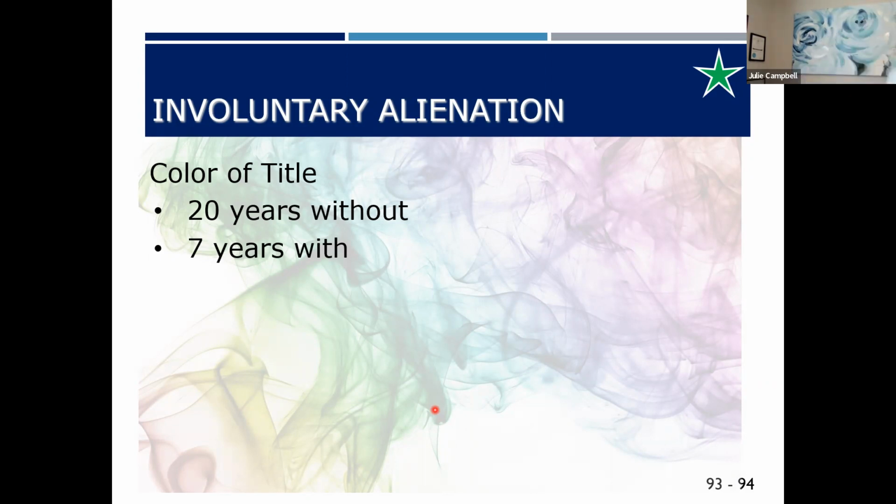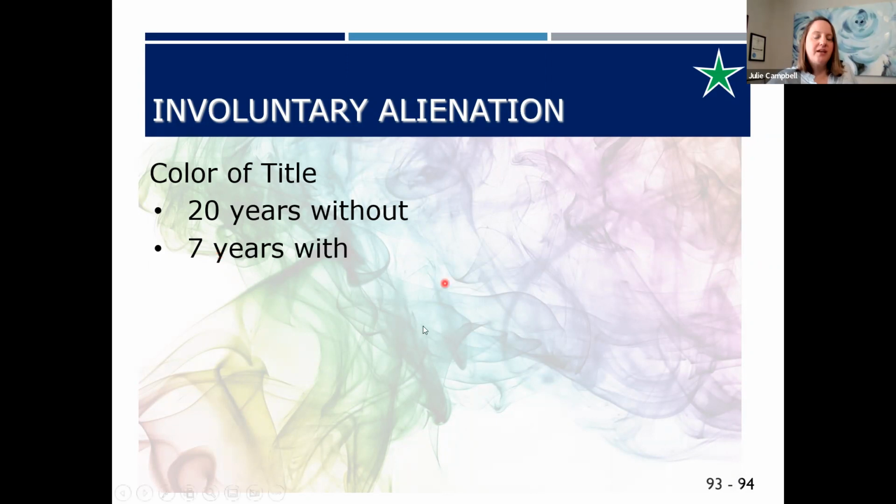If you do have color of title, some kind of fraudulent or faulty document or some idea that you think it's yours, you could go claim adverse possession after 7 years. So it depends on whether the claimant has reason to believe that it's theirs or not. How long do they have to use the property before they can try to have the judge take the property by adverse possession?